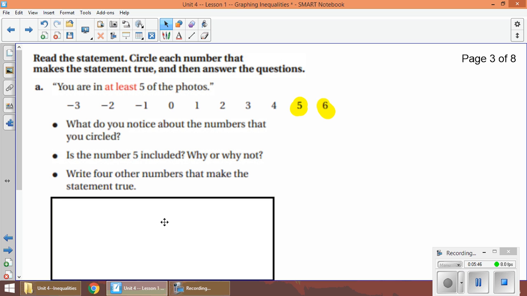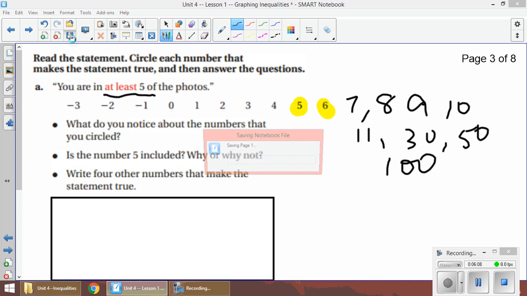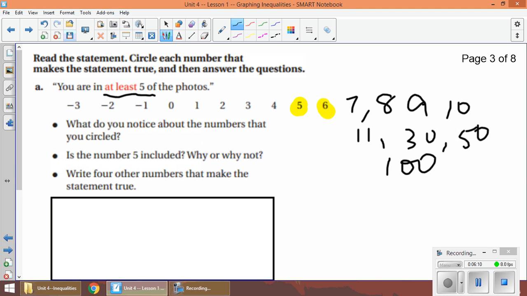And finally, write 4 other numbers that make the statement true. Well, the numbers are endless: 7, 8, 9, 10, 11, 30, 50, 100. You guys get the idea? As long as my numbers are at least 5 or larger. Okay, we're going to move on here.